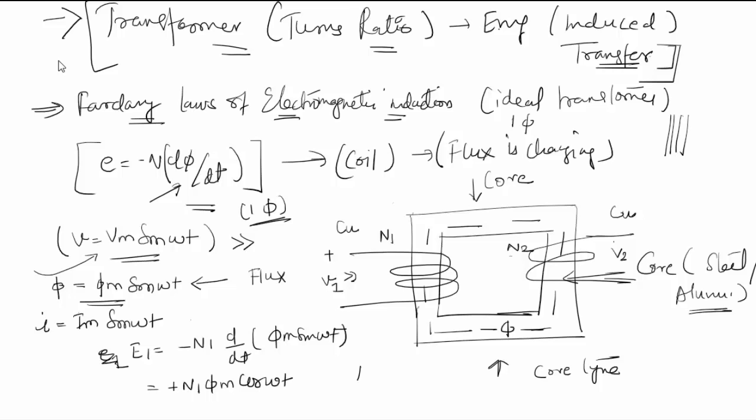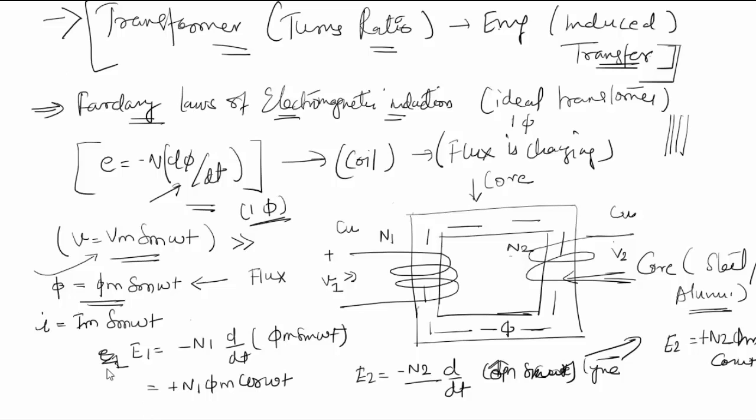The voltage induced E2 will be equal to minus n2 into d by dt, and the same flux will link with the second turn also, so it will be phi m sine omega t itself. So the EMF induced in the second turn will be E2 is equal to minus N2, and it will be plus N2 phi m cos omega t.